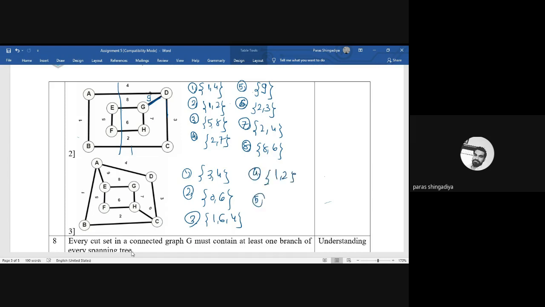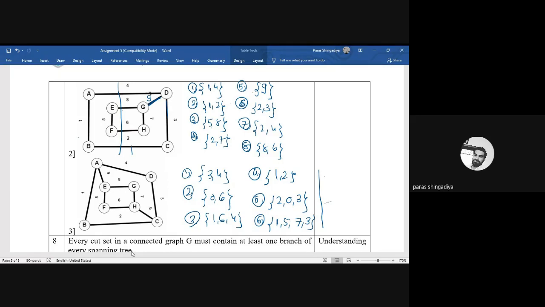Fifth one we can take {2, 0, 3} as a cut set. Clear? And let's take one counter example which is not a cut set. Here, if you consider example 6, {1, 5, 7, 3}, is it a cut set?